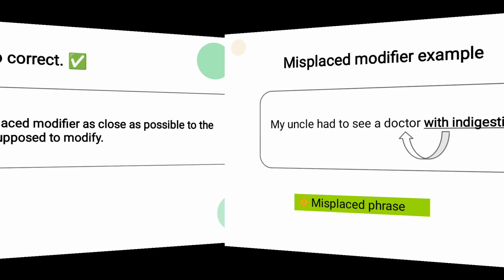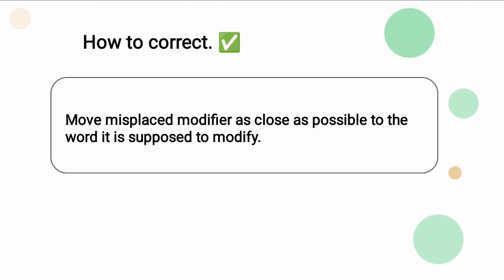So how do we fix it? How to correct those kinds of misplaced modifiers? The problem is the modifier is far away from the word it wants to modify, right? So how to solve the problem? Very easy. You move that modifier as close as possible to the word it wants to modify.